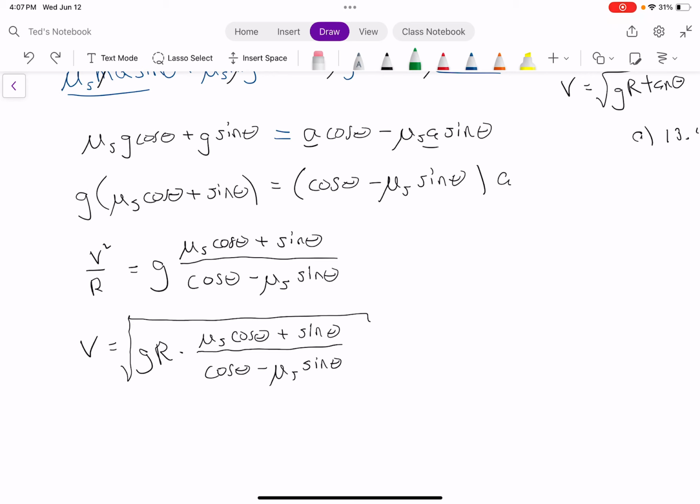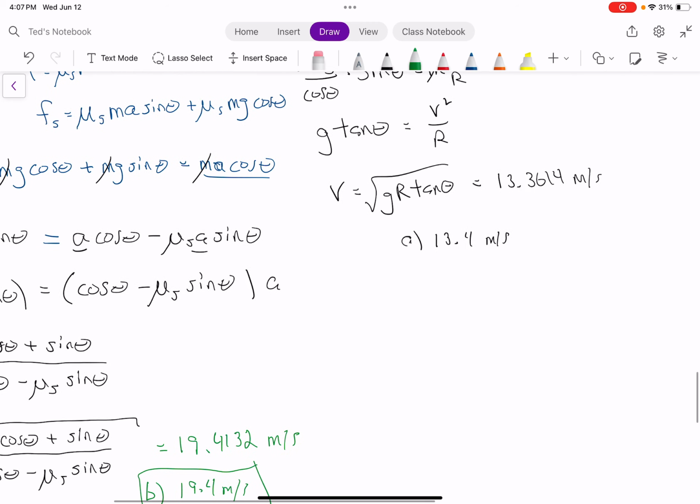Okay, typed all that in, and I get 19.4132 meters per second. We're supposed to be using 3 significant digits, so that's 19.4 meters per second for part B.